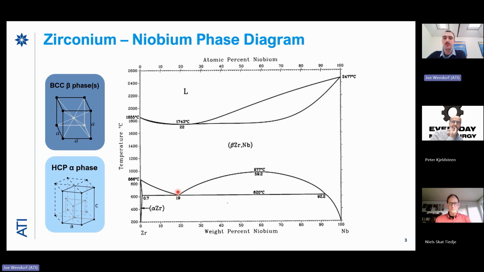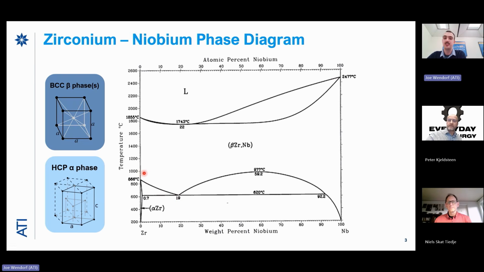But then once you drop below 620 Celsius, the equilibrium concentration of the beta phase suddenly shifts from 19 to 92% niobium. So there's some really interesting transformation kinetics where if you age this alloy below 620C, how the beta phase responds to that, and how does the niobium content jump up to the new equilibrium.